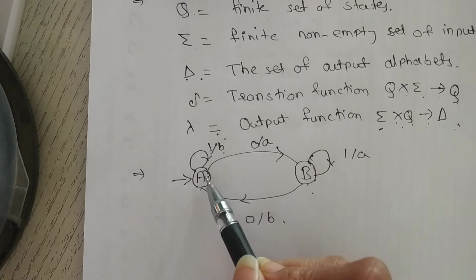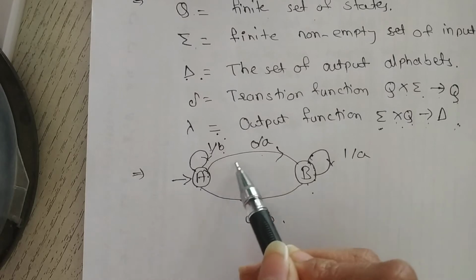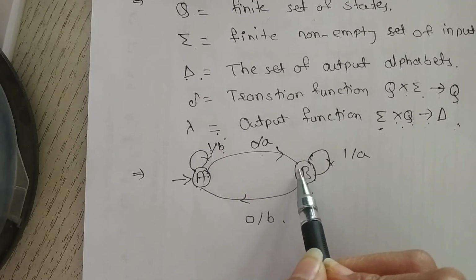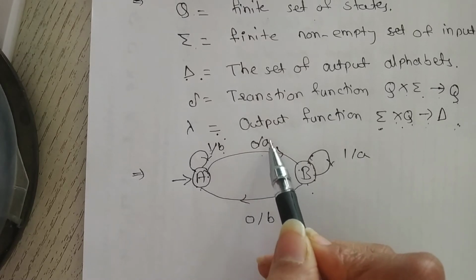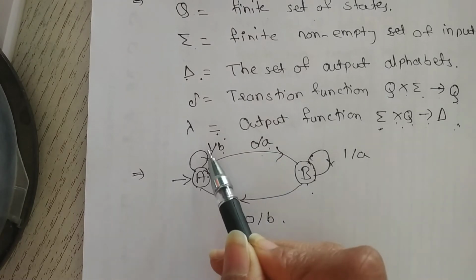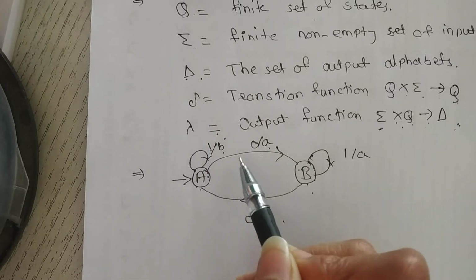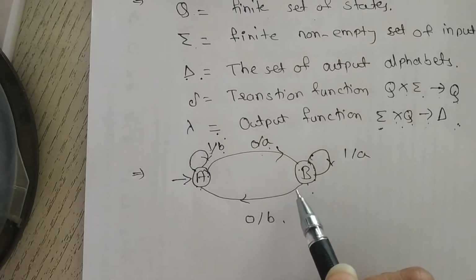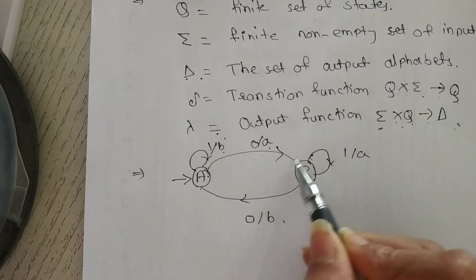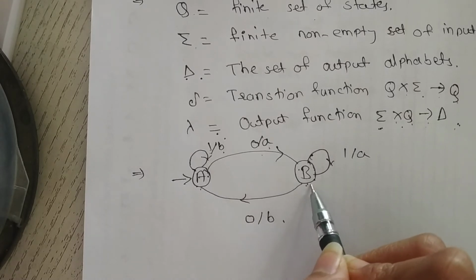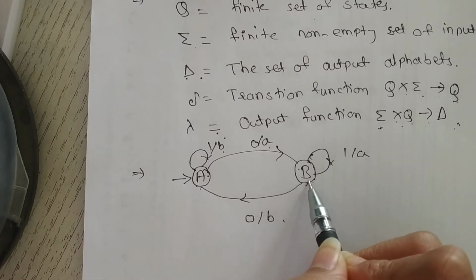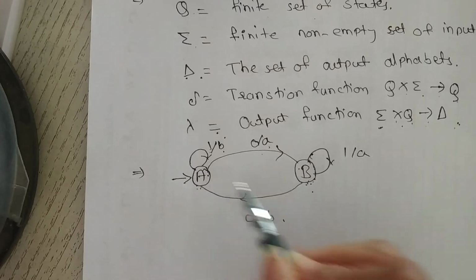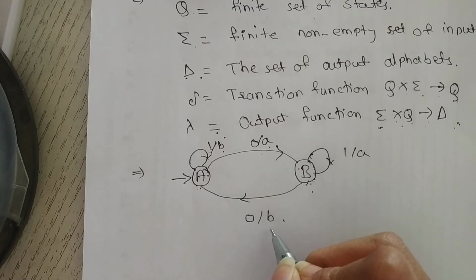So now look, with input 0, on getting input 0 it goes to B and produces this output, small a. Correct? So this is producing the output and this one is the input. This one is the input, this one is the output. Now look here, at this next state B. For state B, on getting input 0 it goes to state A and produces the output small b.